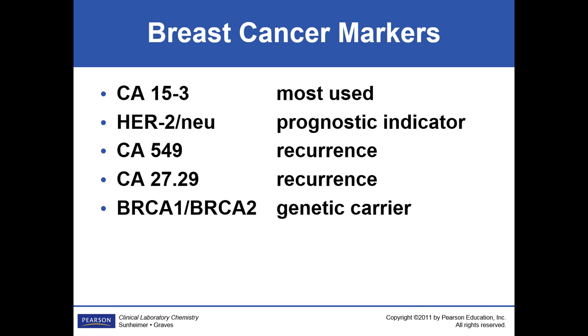You have also the HER2/neu, which is used as a prognostic indicator. And with more specialized testing, we can do the BRCA1 and 2 to find if you're a genetic carrier. And you've probably read some stories where women did test for this when they had a lot of occurrence in their family, choosing to go ahead and do mastectomies before the cancer had an opportunity to take hold.